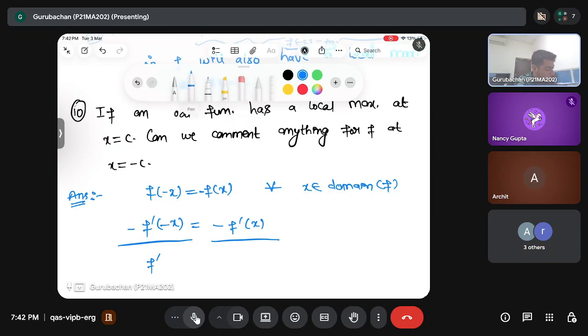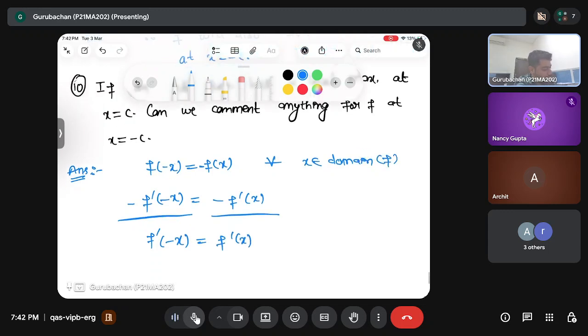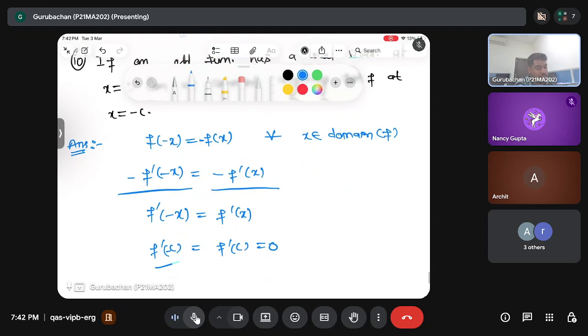So, what is the benefit of doing this? That at x equal to c, minus c will also be a critical point, local maxima or minima.